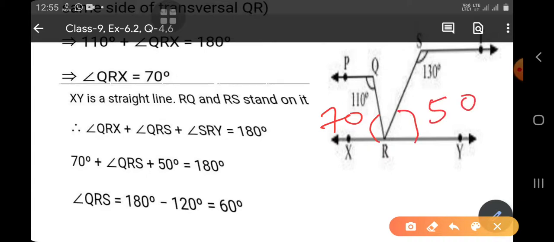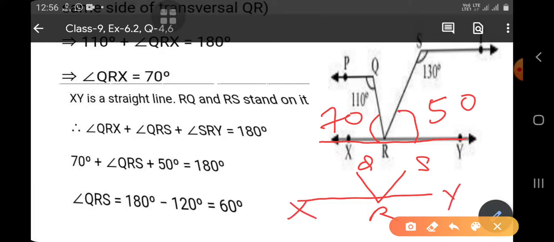Now this is the straight line. I draw it here: this is Q, this is S, this is R, this is X, this is Y. The value of this angle is 70 degree, which is already given here, and the value of this angle is 50 degree. So the sum of these three angles will be 180 degree, because XY is a straight line.